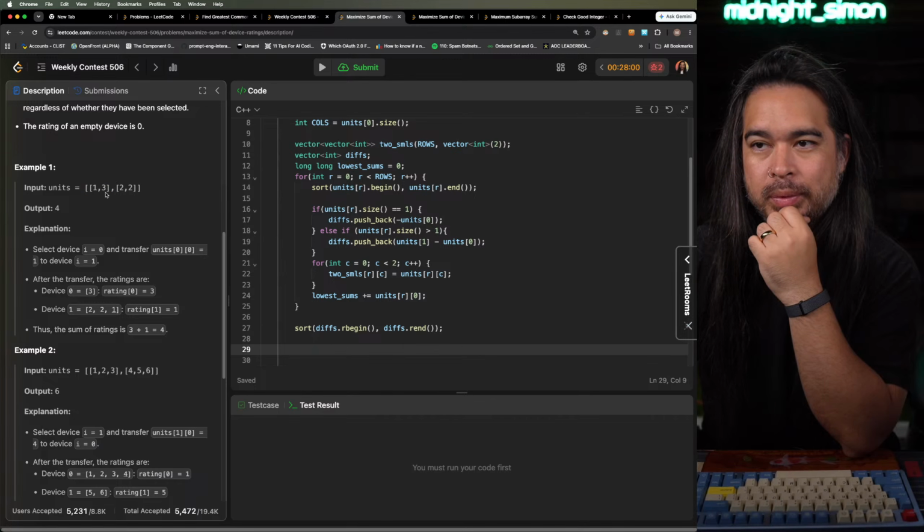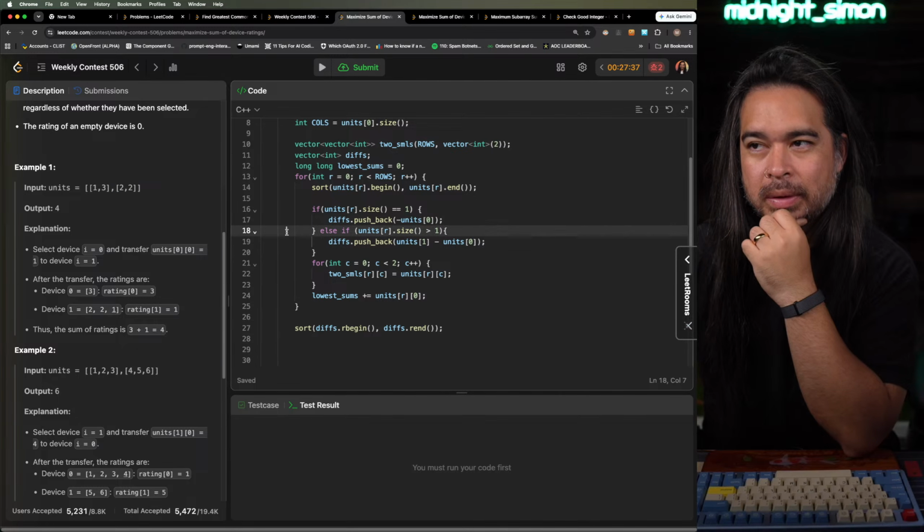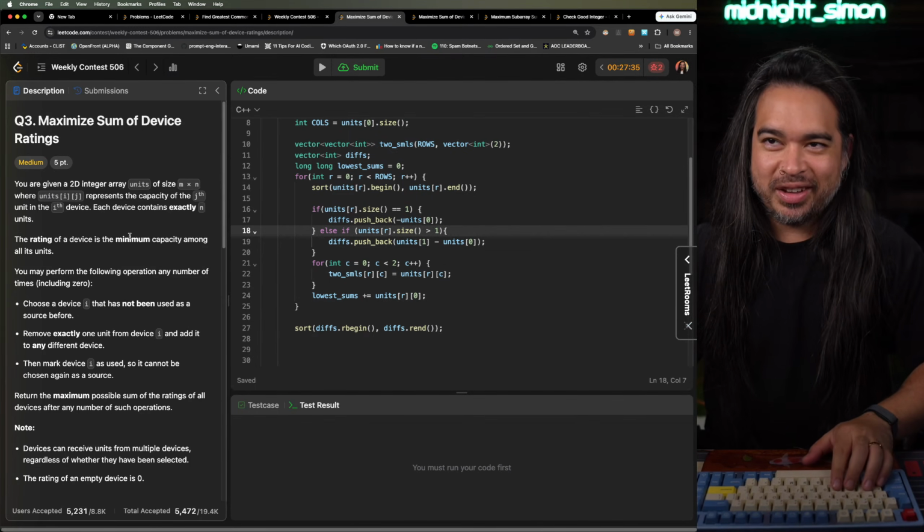So if we remove this 1 and put it there, we actually get a -1.